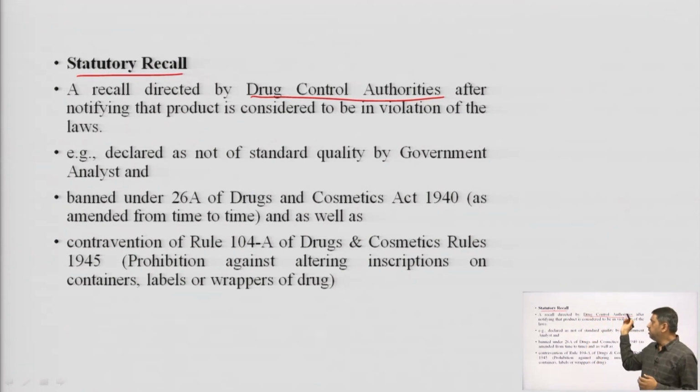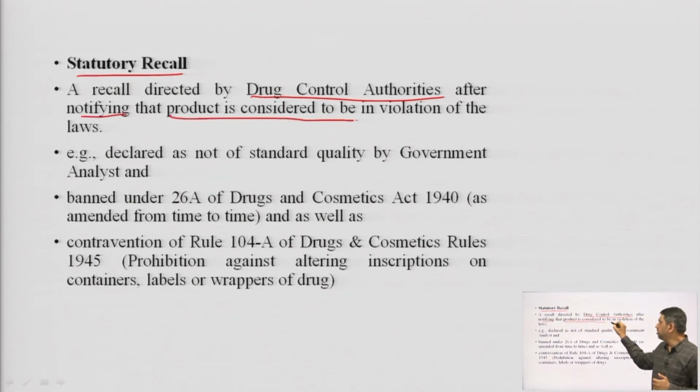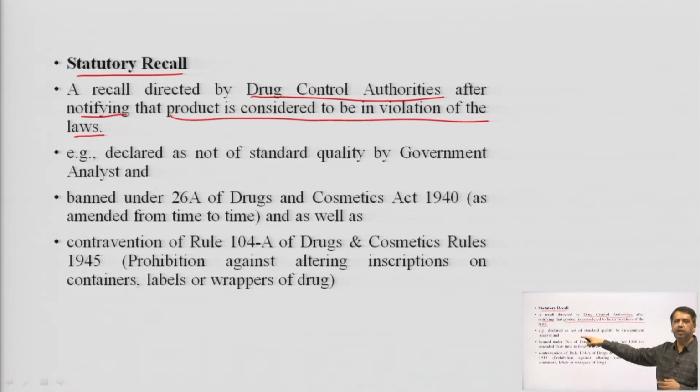The drug controlling authority may also instruct the manufacturer to recall their product, and notify that the product is considered to be in violation of the laws. There may be some violation of law, and in those cases this drug control authority will instruct the manufacturer to withdraw their product from the market.